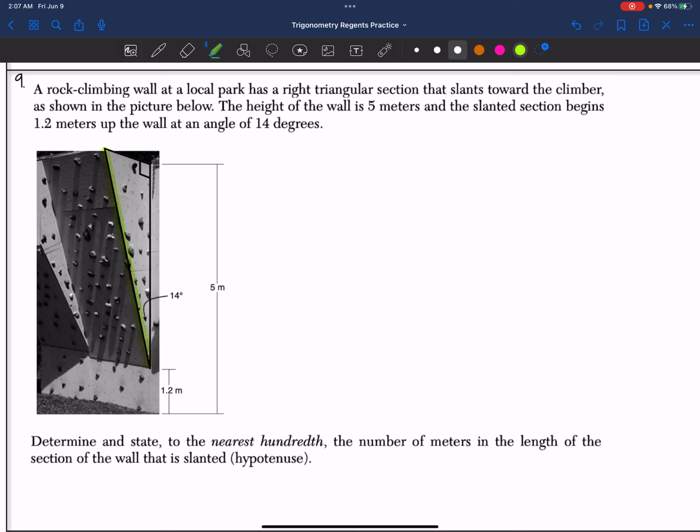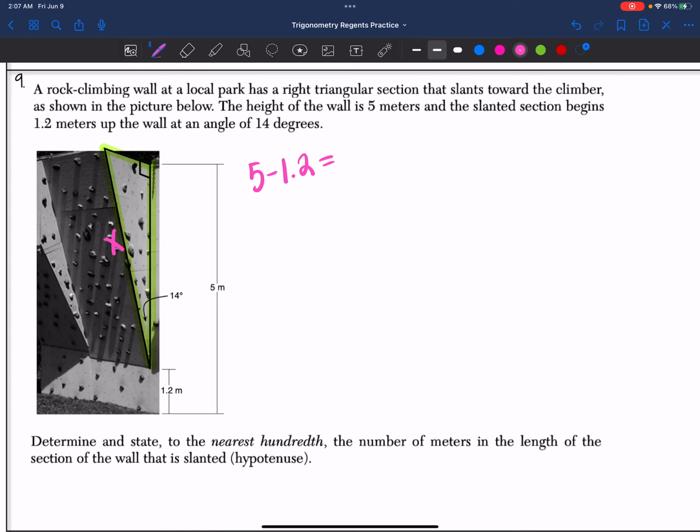And we notice that we have a triangle. So I'm looking for this segment here. Let's call this X. And I don't know anything about up here, but I do see that my whole segment is 5 meters. And my little section at the bottom is 1.2. So perhaps if I take 5 meters and I subtract 1.2, I should get this section right here.